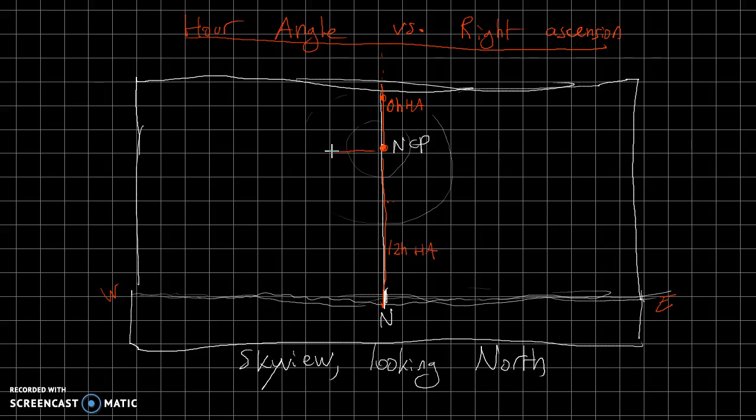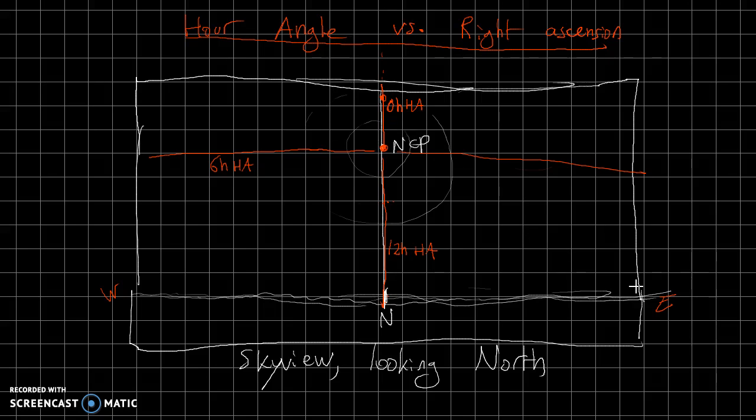And I can divide this up further into 24 pieces. So this would be going west, 6 hour angle. How do I know this is the 6 hour and not this one? Because I know the direction that the stars take around the NCP.